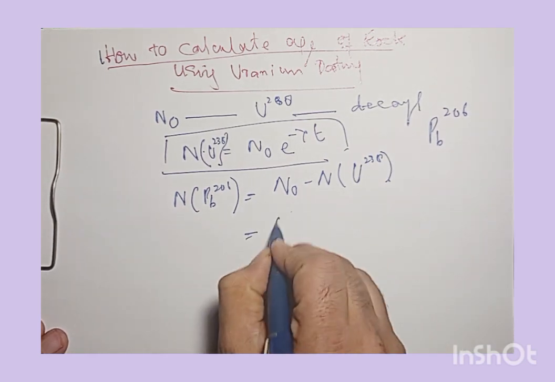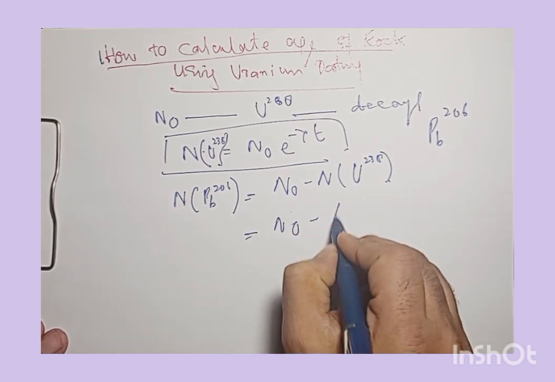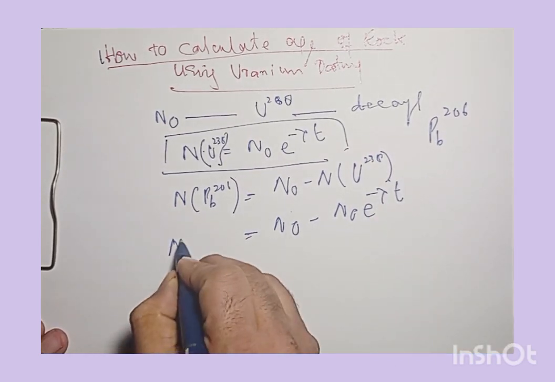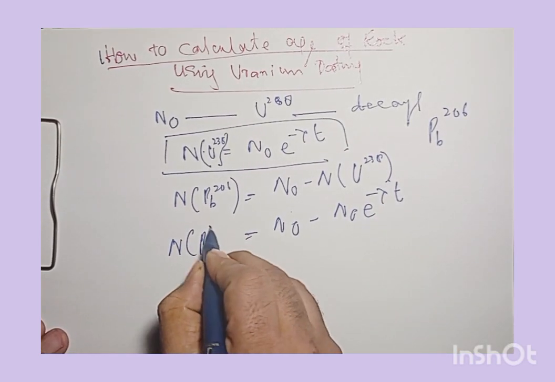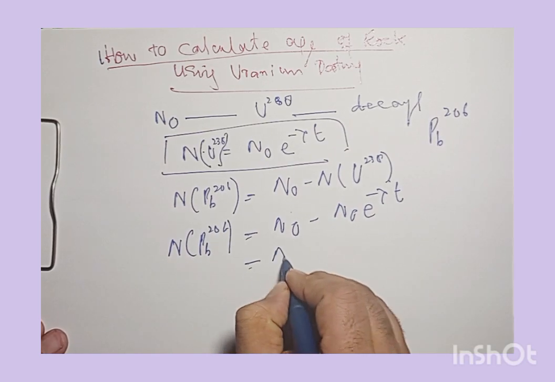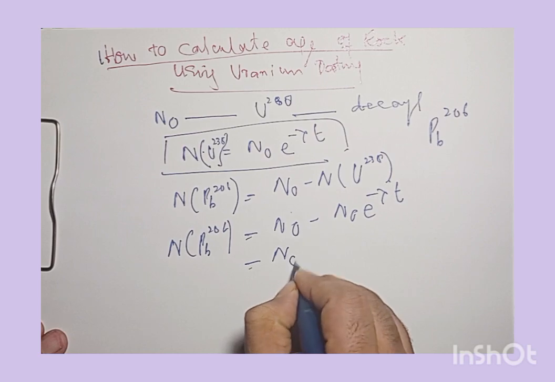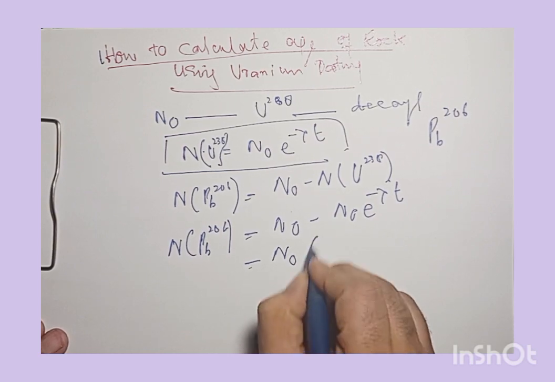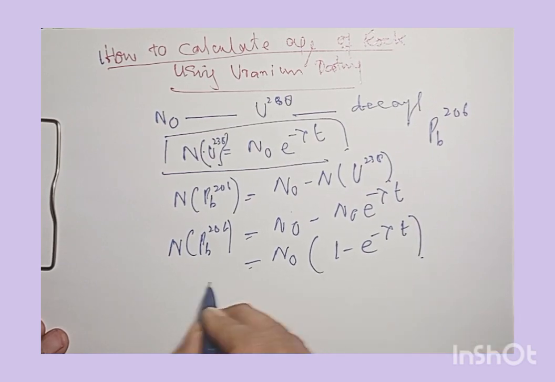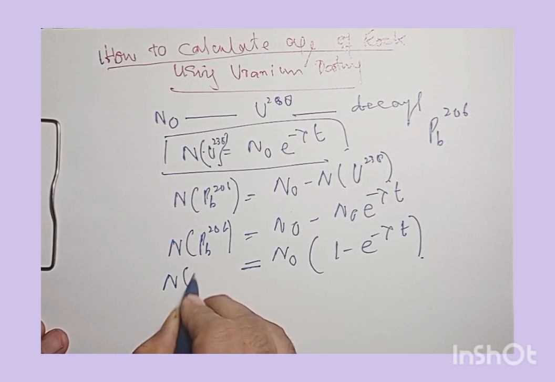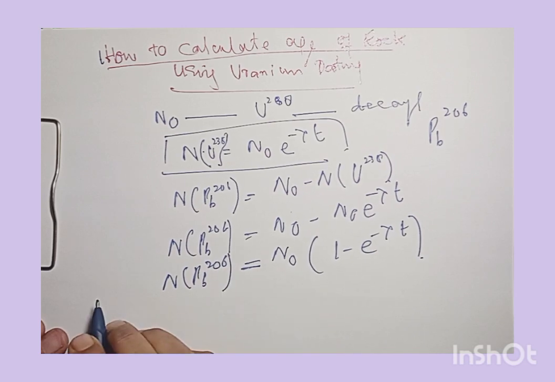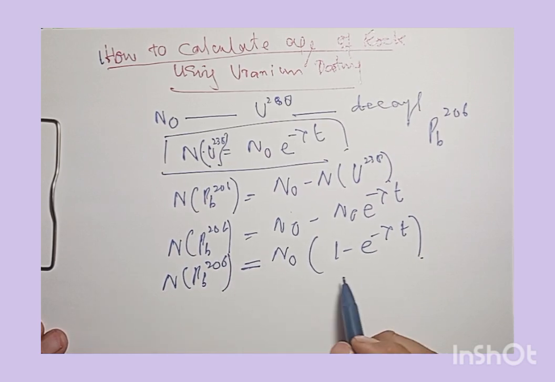So here we have N0 minus N0 e to the power of minus lambda t. So N of lead 206 is going to be N0 times 1 minus e to the power of minus lambda t. So this is N of Pb 206.